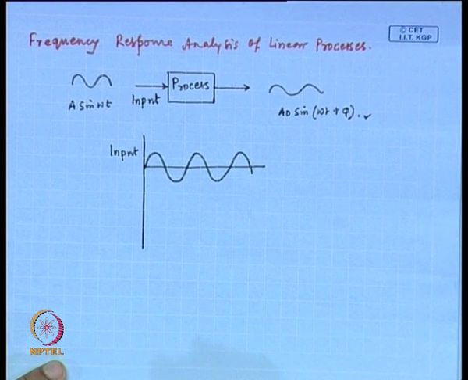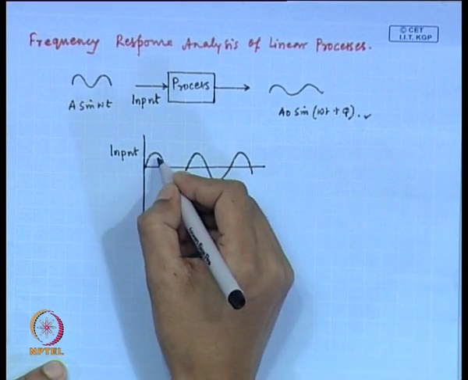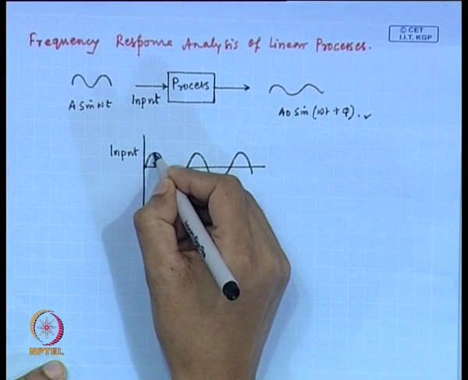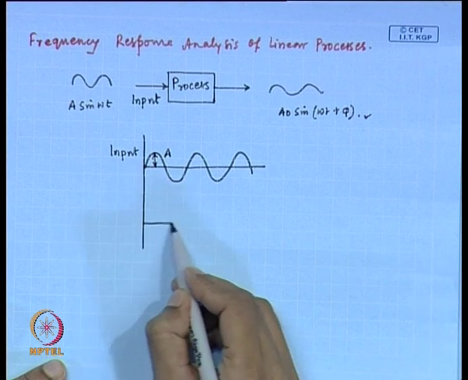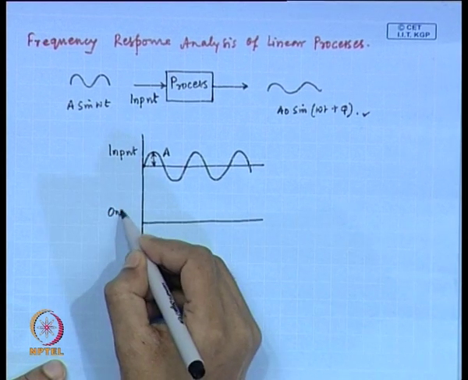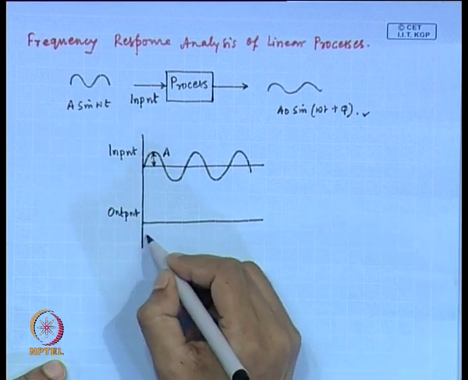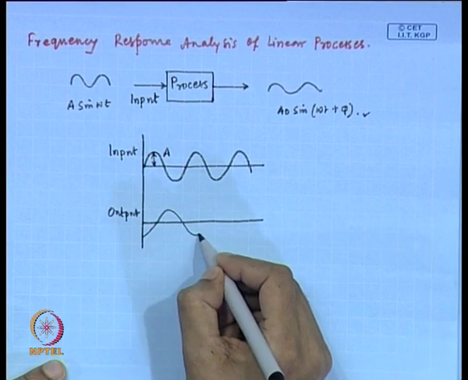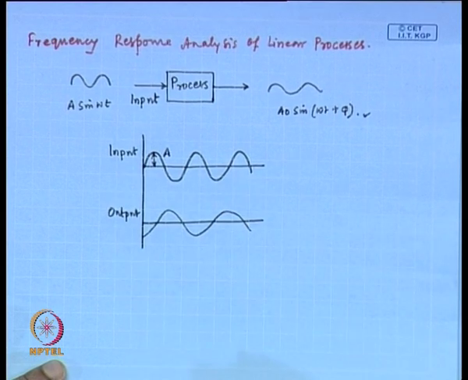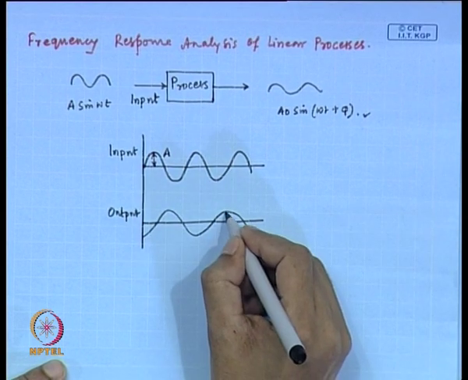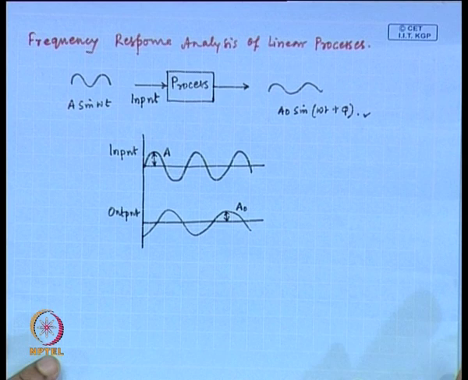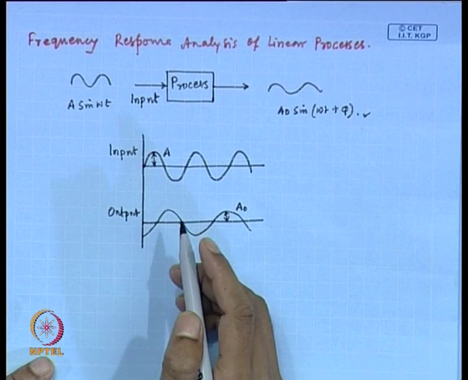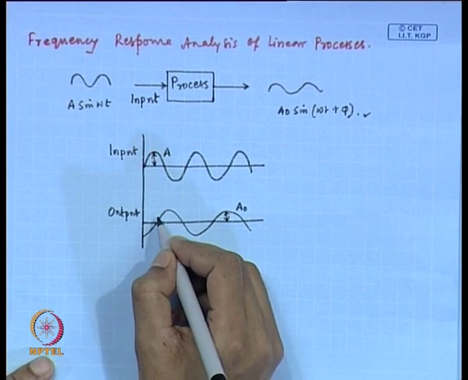So, this is the input which has the amplitude A. This is the output which has the amplitude A naught, and this output is out of phase by phi degrees or radian.